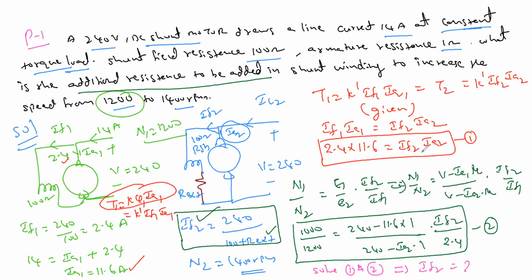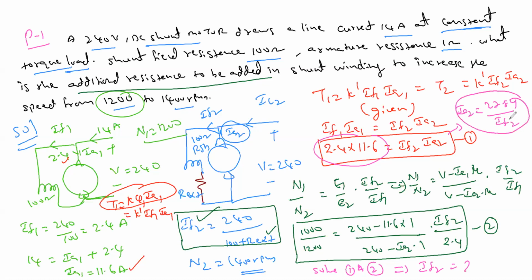So what to do now: here is IA2, and the value of IA2 is 2.4 into 11.6. Then substitute in the lower expression. So let me do that here. 2.4, so 27.84 here, 27.84 by IF2.